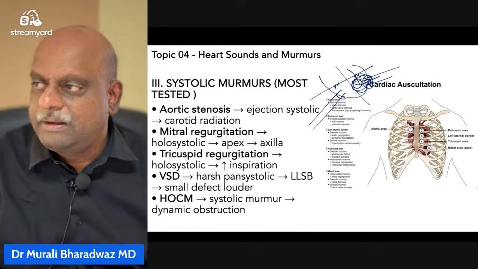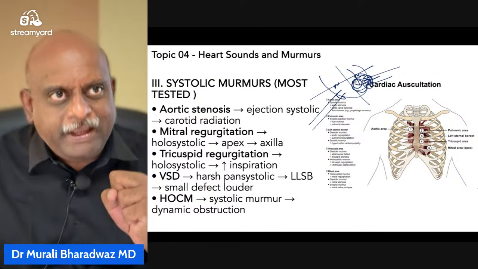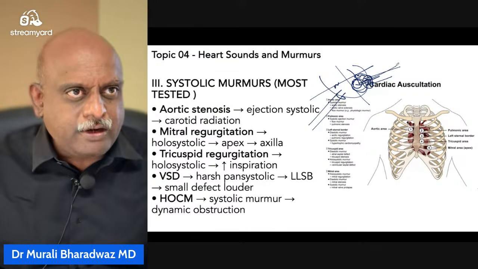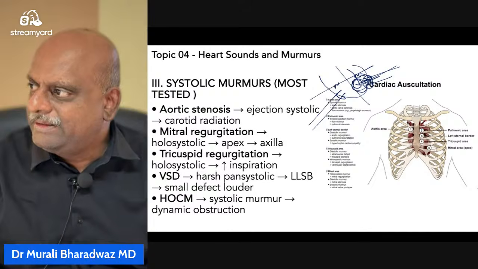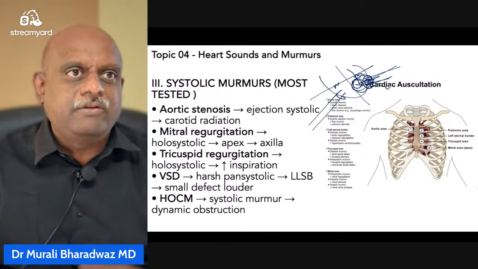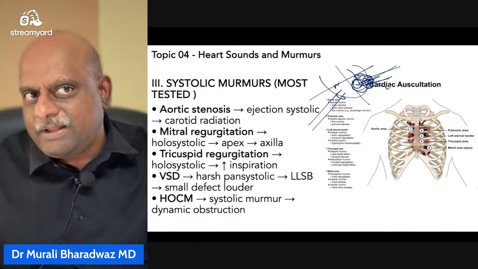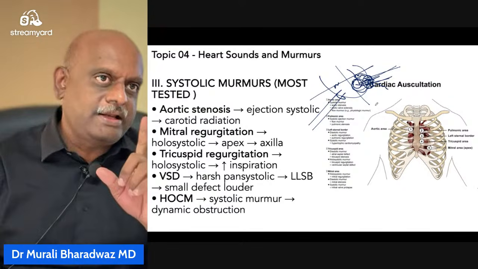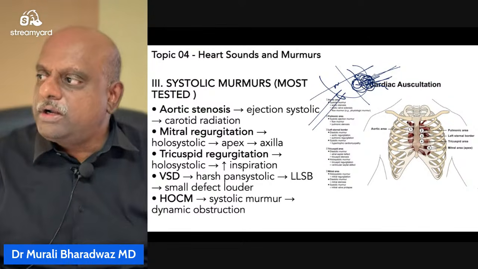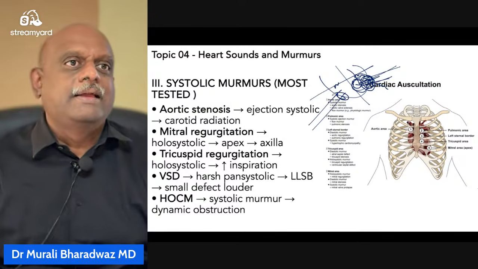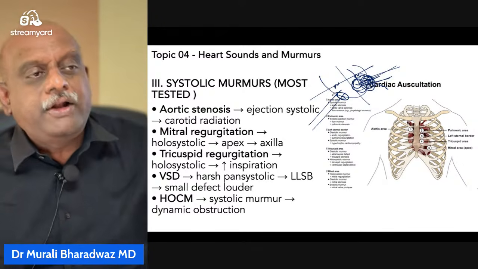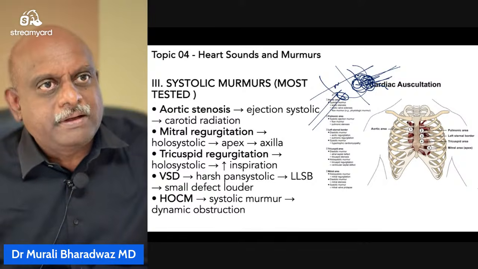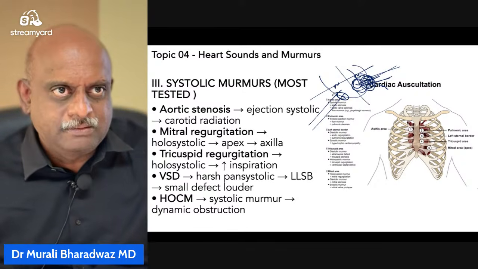Think simple. When the ventricle is pumping into the aorta, that means the ventricle is undergoing systole, then the stenotic valve will lead to turbulence in the blood and you listen to the murmur. Clear? So that is the reason all stenotic lesions of the aortic and pulmonic valve lead to what type of murmur? Systolic.